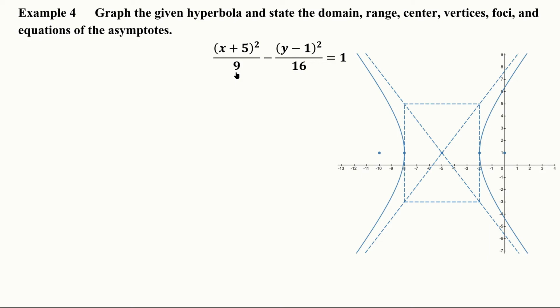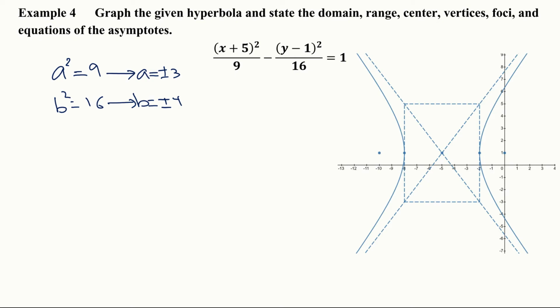So a squared is 9, so a is going to be positive or negative 3. Your b squared is going to be 16, so b is going to be positive or negative 4. The value or the distance, or the absolute value, of course, is just 3 and 4. And as I mentioned before, this would not happen with an ellipse where a is less than b, but it can happen with a hyperbola, so it doesn't matter here.